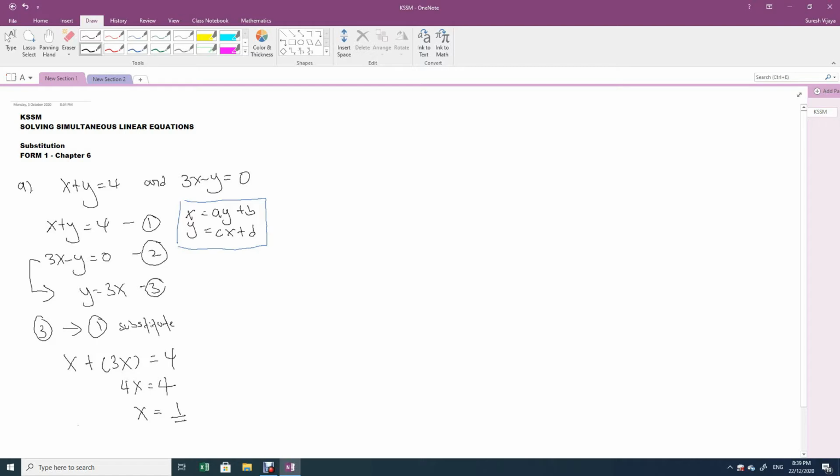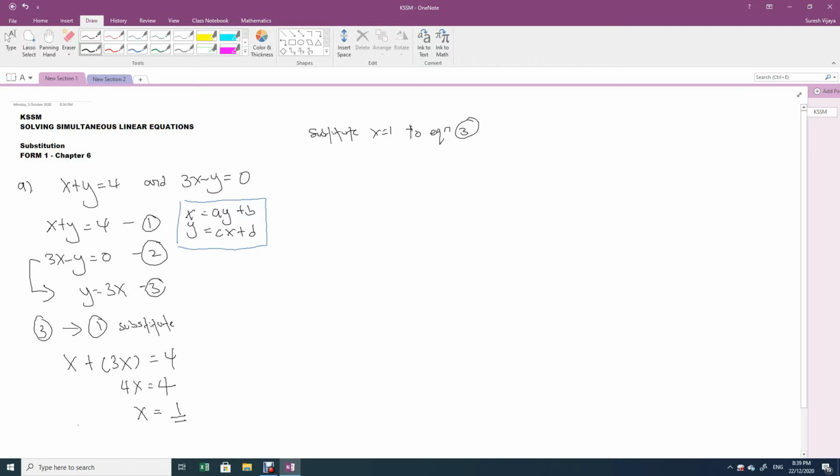So once you solve this, you have to find the value of y. And the easiest way to do this is to substitute x equals to 1 into equation 3.